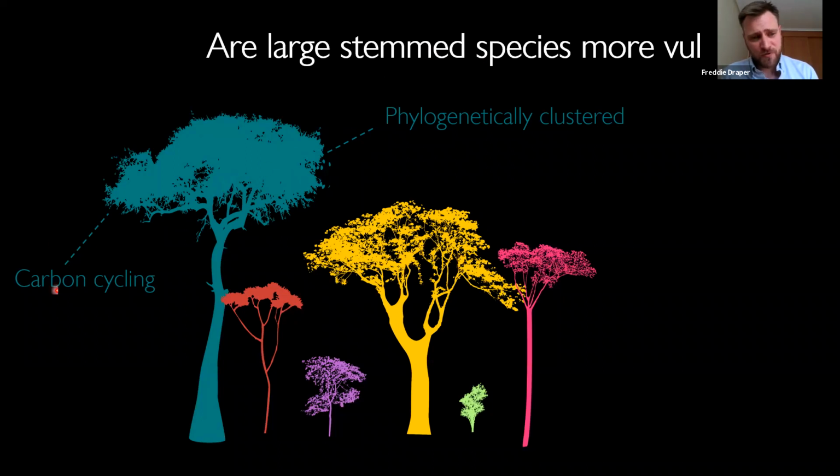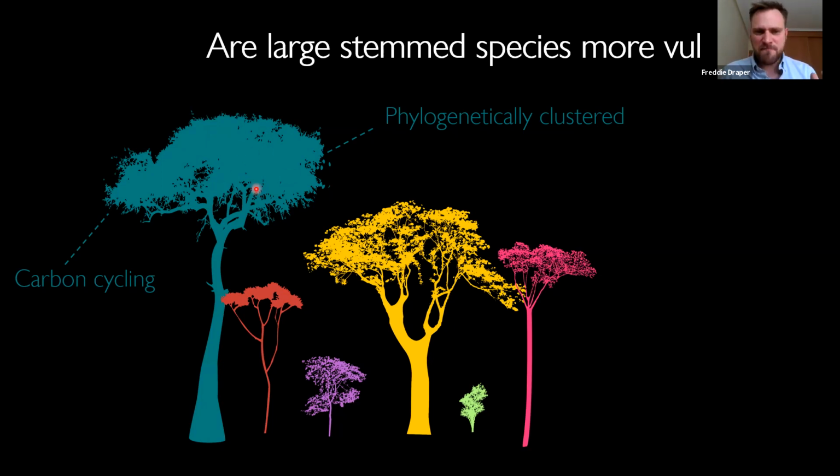It's also important to recognize that it's these big trees that are really driving a lot of the carbon cycling. And it's also these big trees that will be exposed to the most brutal changes in climate, so they're not buffered by the canopy. They exist in hot, dry environments above the canopy, which provides some climate buffer.